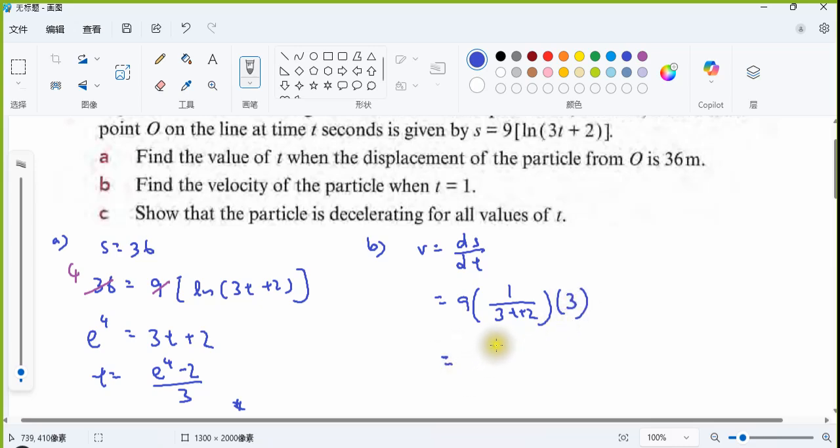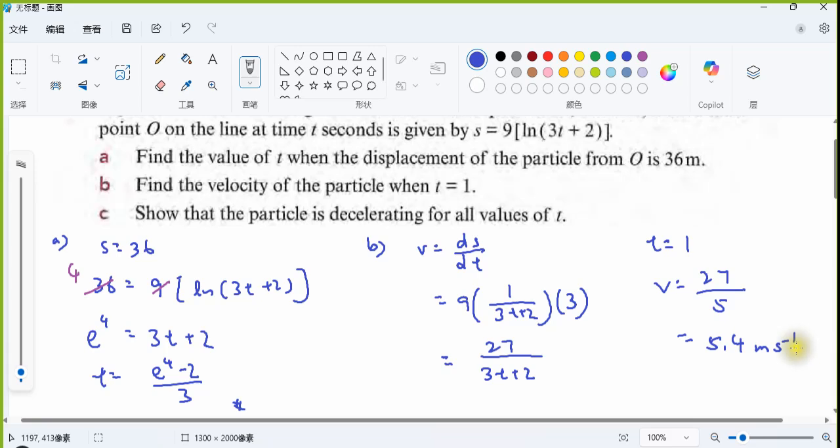Then it will become 27 over 3t plus 2. So when t equal to 1, v equal to 27 over 3 plus 2, which is 5.4 meter per second.